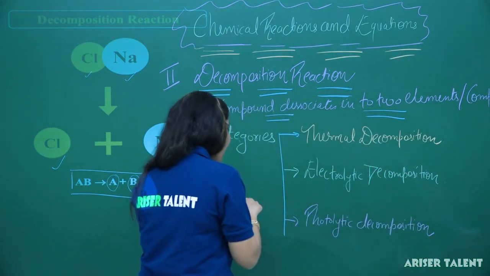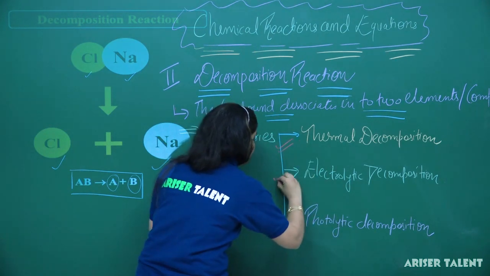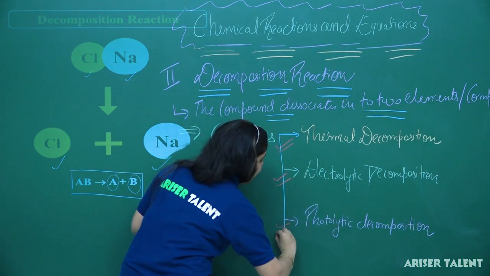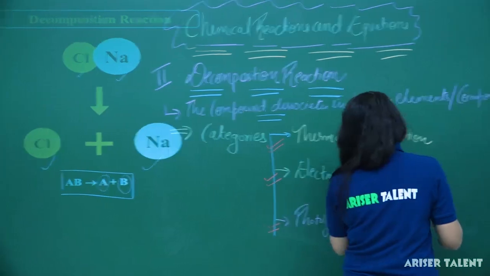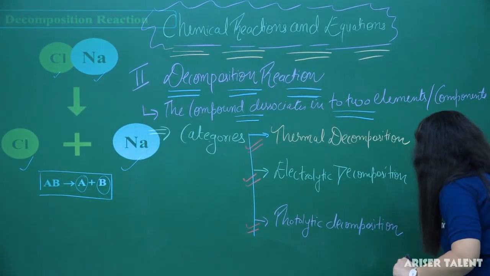So here are our three categories of the decomposition reaction, that is thermal decomposition, electrolytic decomposition, and the last one is photolytic decomposition. Now we will deal with these three categories one by one.